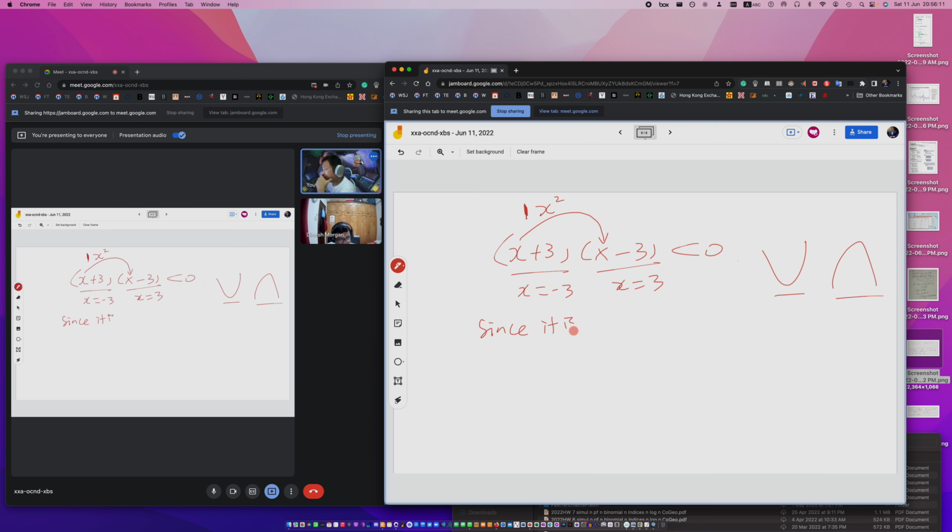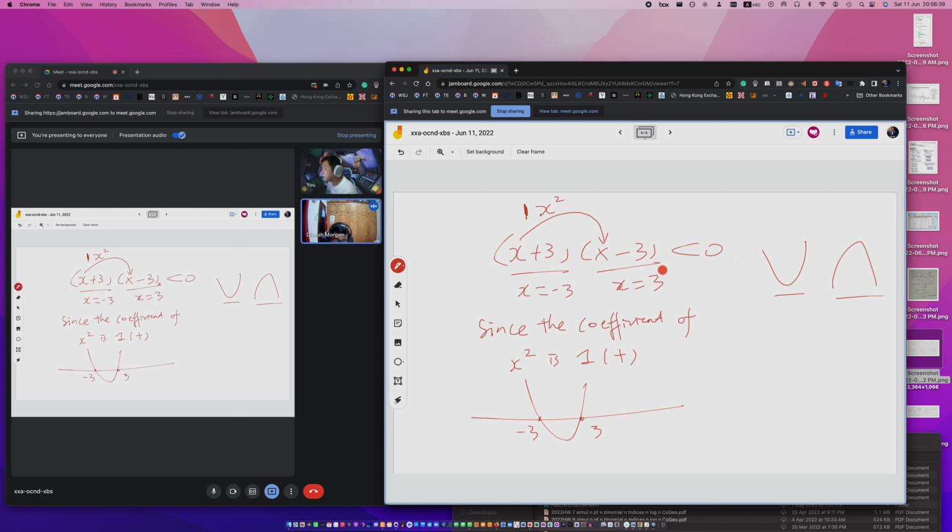Since the coefficient of x squared is 1, then positive. Therefore, it's this shape. Once you identify it's this shape, this is your negative 3, this is your 3.